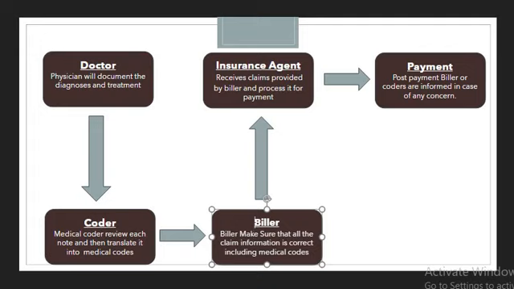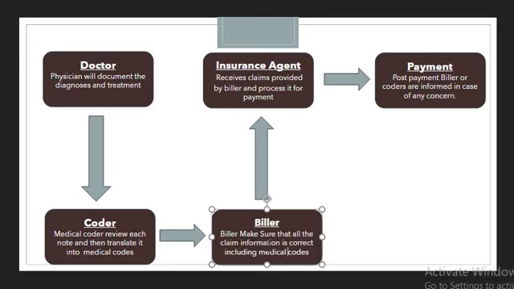Now what will the biller do? The biller makes sure that all the claim information is correct, including the medical codes, because at the end the biller has to provide all the information to the insurance agent who will process the payment, right? So it is the biller's responsibility to check all the claim information thoroughly, which also includes medical codes.